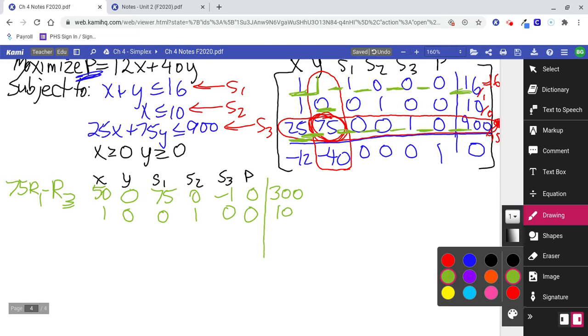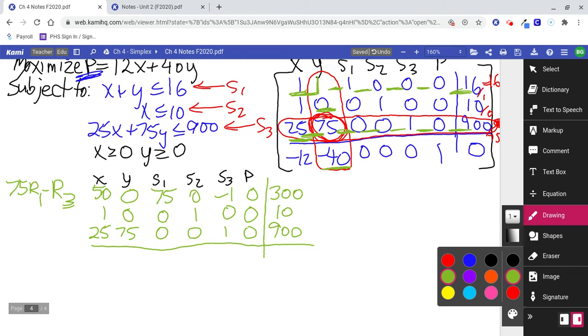And then the third row has my pivot element. I can leave that one alone as well. Underline. And then the bottom one, I gotta zero out a negative 40 using that 75.